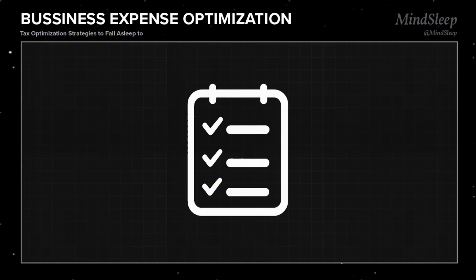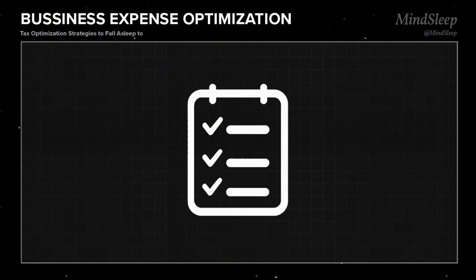When businesses are able to reinvest more of their earnings due to optimized expenses, it can lead to increased innovation, job creation, and overall economic vitality. However, this must be balanced against the societal need for tax revenue to fund public services and infrastructure.